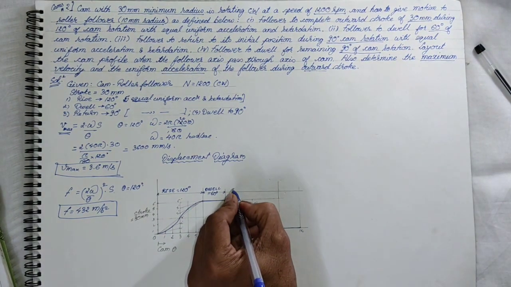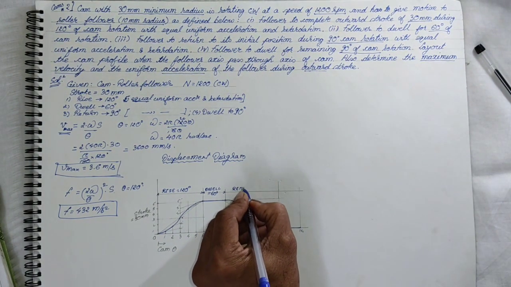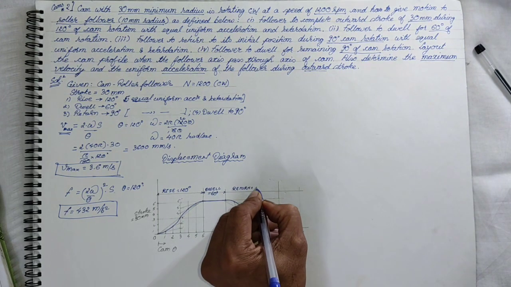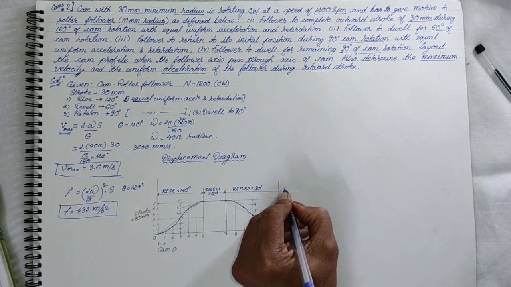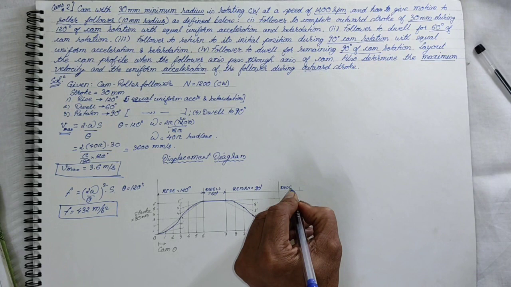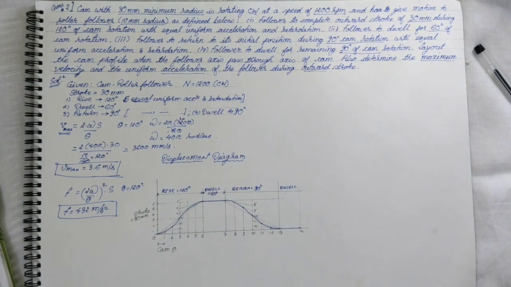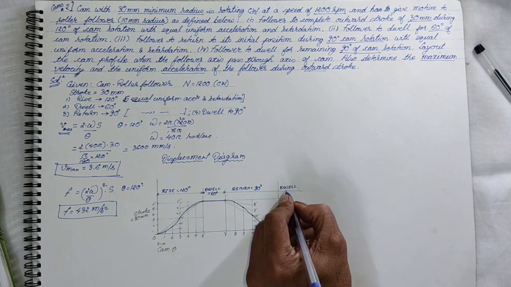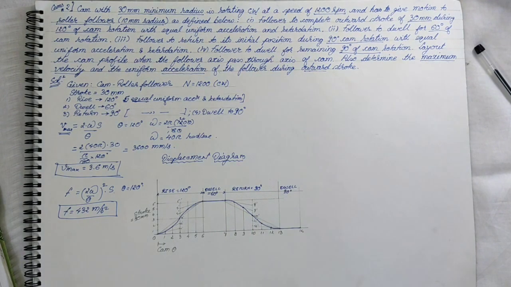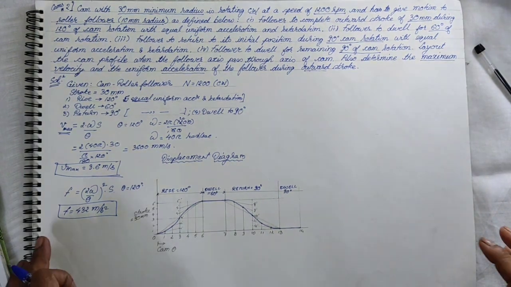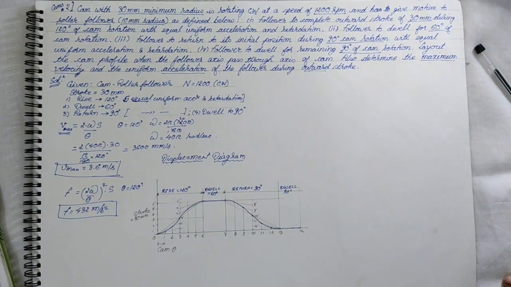So this is return of 90 degrees, and this is dwell of the remaining 90 degrees. So this is how we finish the displacement diagram.